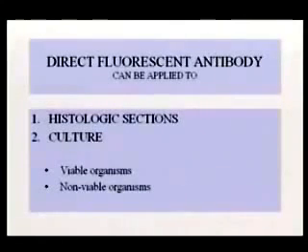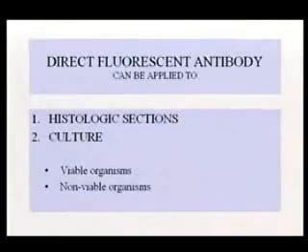You have two identifications that way because you can see the morphology of the organism and you can also see the antibody-antigen reaction. And what's neat about it is it does viable organisms. If nothing grows out or just a speck grows out on the culture, you can take that speck and do a fluorescent antibody. And it identifies non-viable organisms.